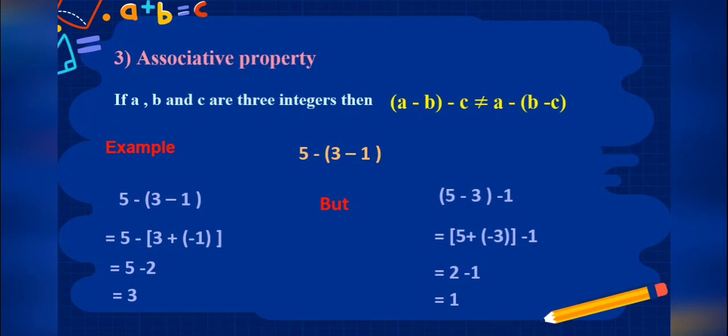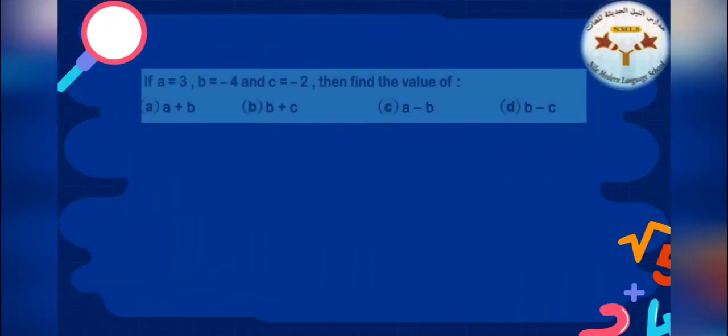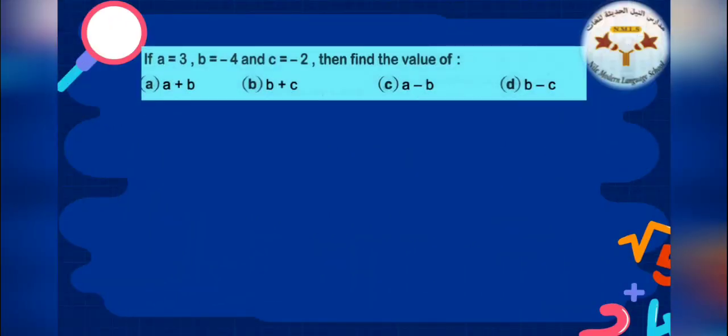Let's solve another exercise. If a equals 3, b equals negative 4, c equals negative 2, then find the value of a plus b, then b plus c, then a minus b, and b minus c. First, I will start with a plus b. Just replace the symbols a, b, and c with the numerical values 3, negative 4 and negative 2.